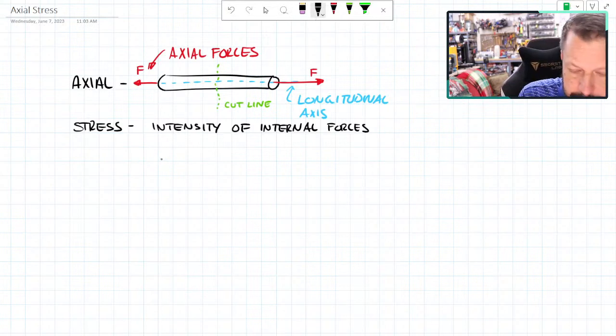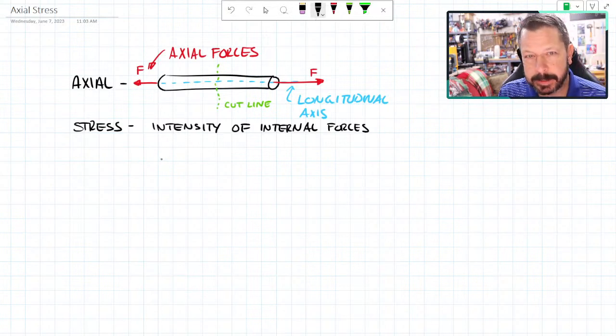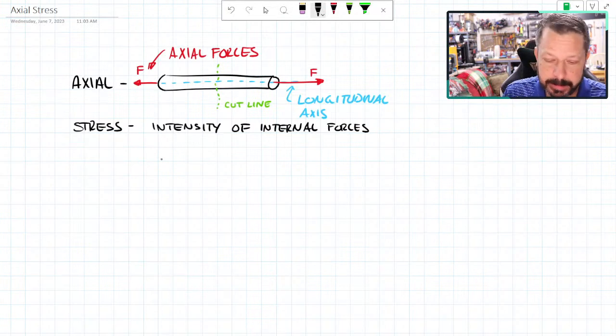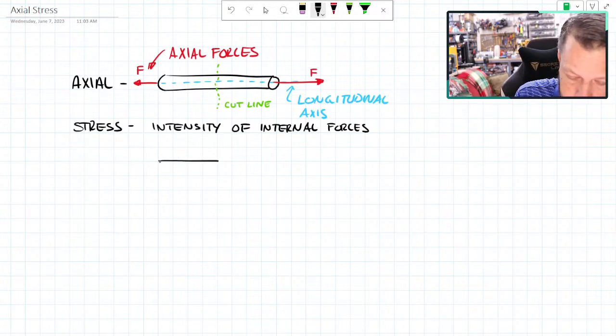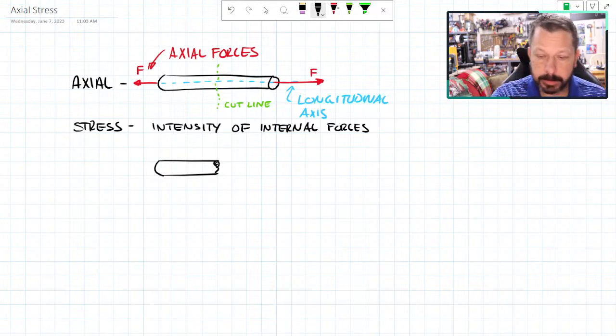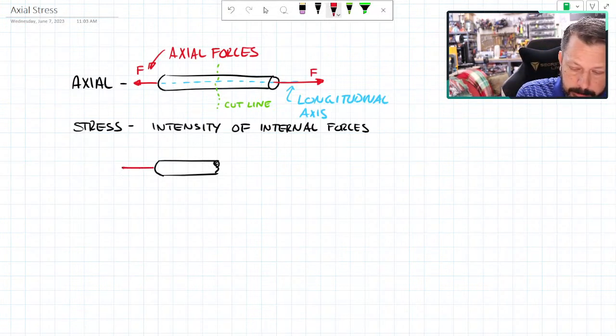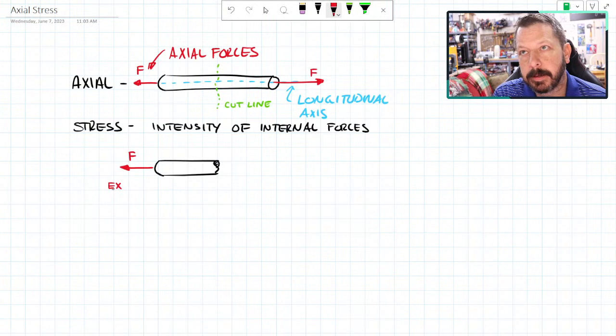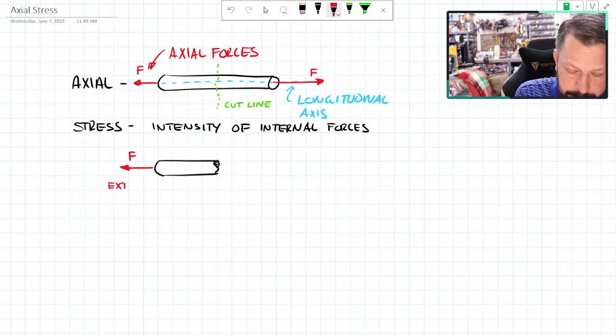I'm going to draw the left-hand side. It doesn't matter which side I draw. I can get the same information, but I'm going to draw the left-hand side in this case. So there's the left-hand side of the little rod. I've cut it open. I know that over here I have an external force, or maybe you might hear it as an applied force.